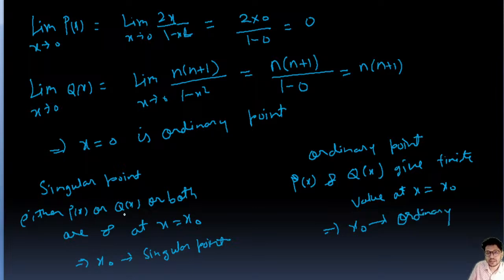If either p(x) or q(x) or both are infinity at x equal to x naught, then x naught is a singular point, guys. Ordinary point means p(x) and q(x) give a finite value at x equal to x naught, and for this we use the power series.